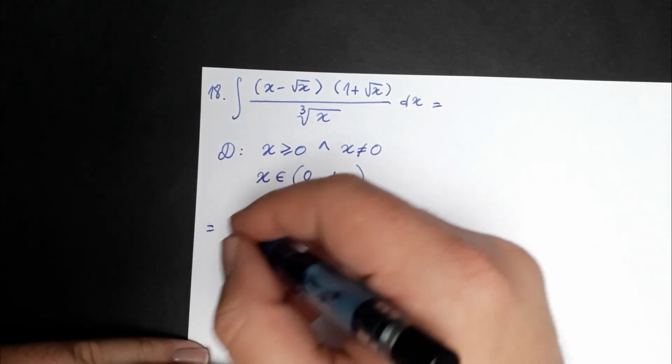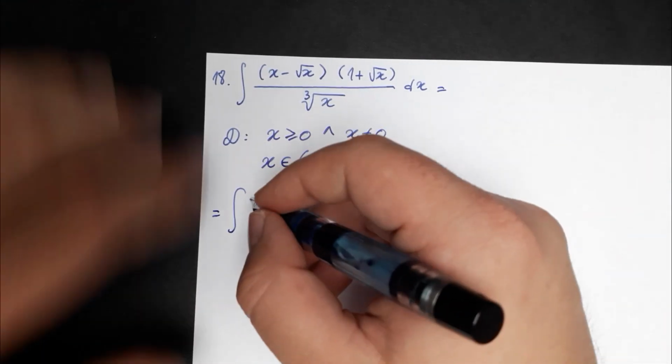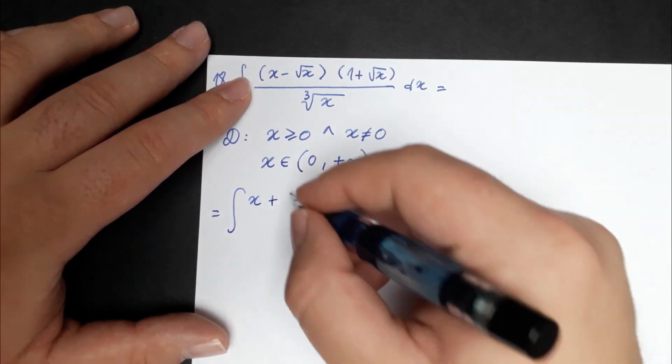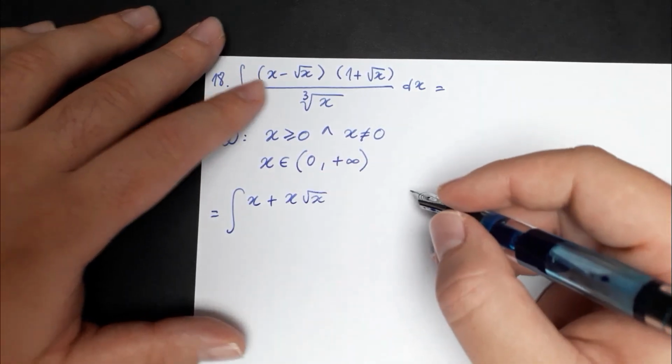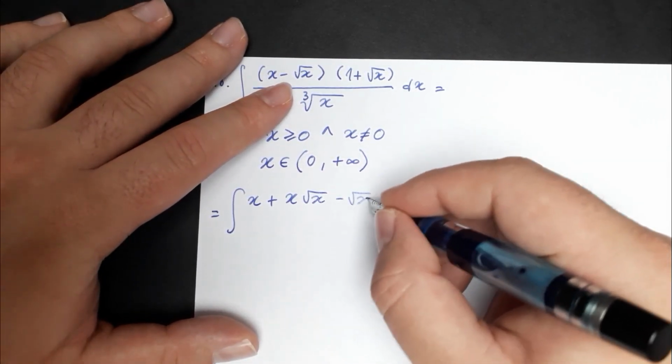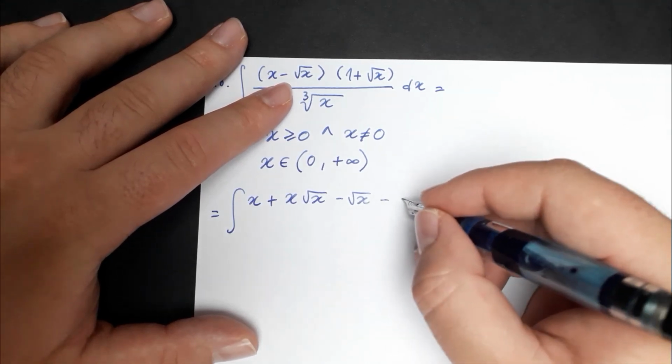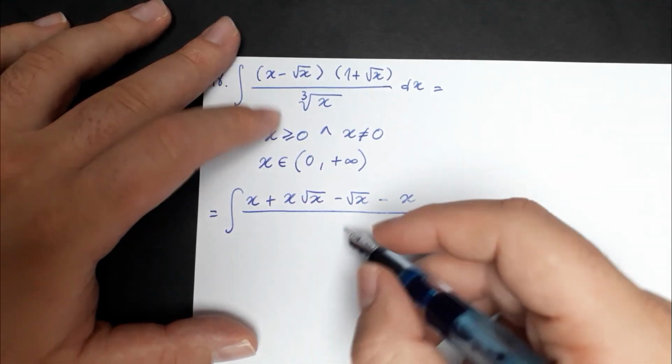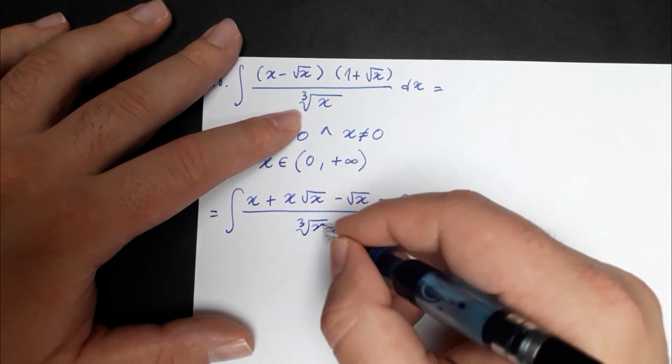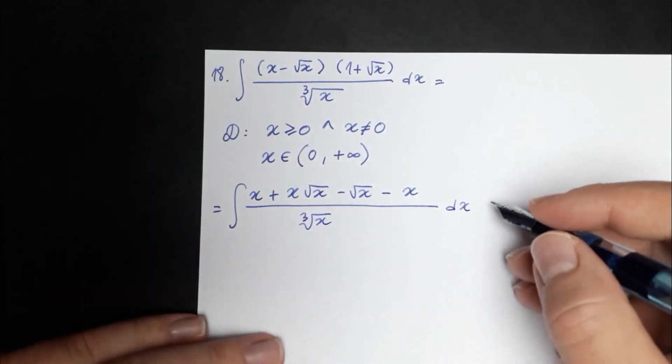So this is then equal to an integral of x plus x times the square root of x minus the square root of x minus x, divided by a cubic root of x dx.